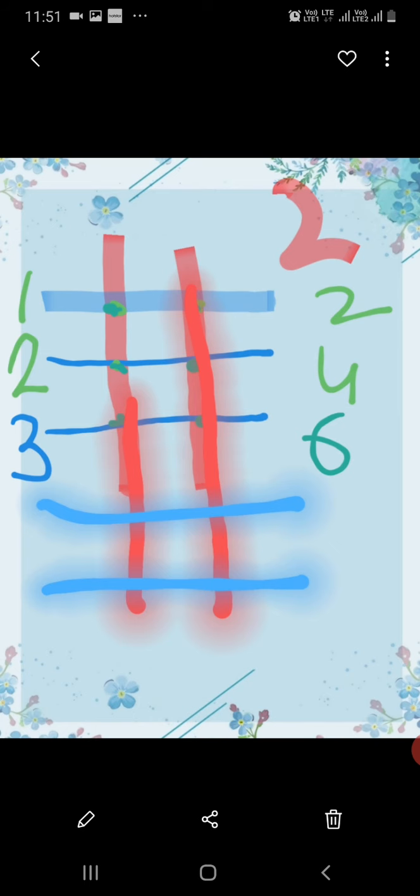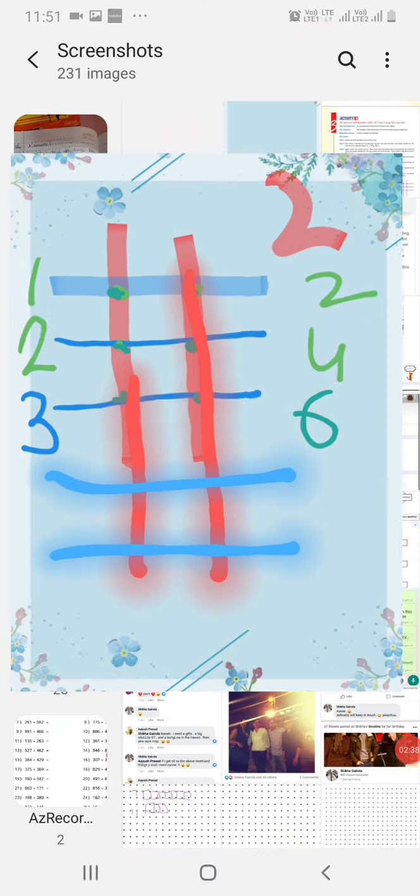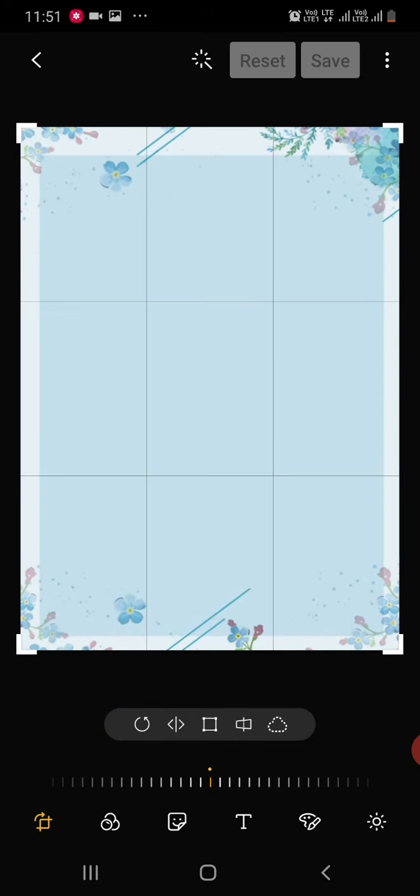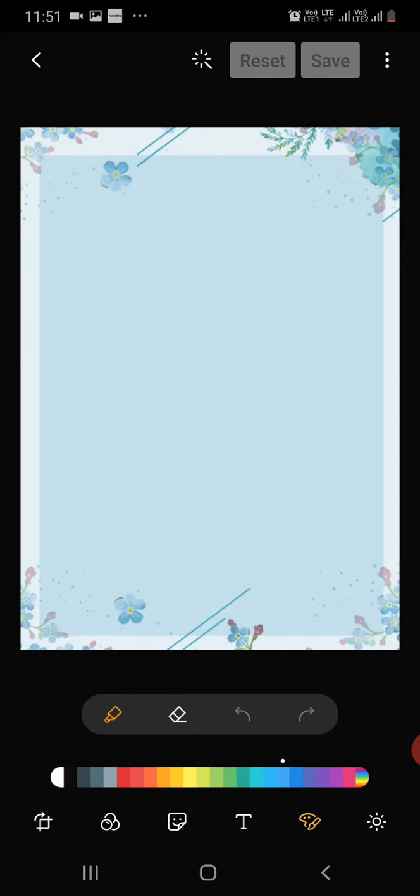Okay, so if we want to form table of 3, now how are we going to show this? Let me undo this. Now for table of 3, let us draw how many standing lines?